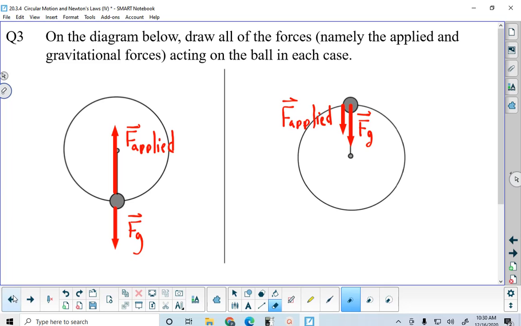I'm actually going to take the applied force and subtract the force of gravity to get the net force in terms of magnitudes. If I add the forces on the right-hand diagram, since they're in the same direction, I'm simply going to add the forces. I'm going to add the magnitudes.